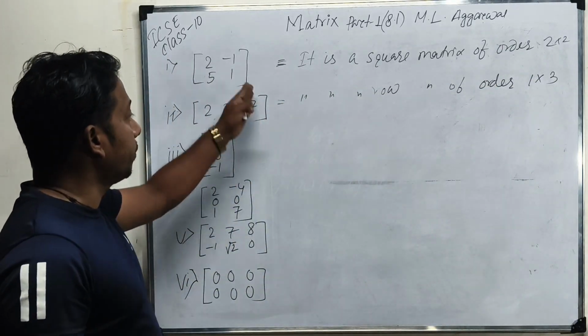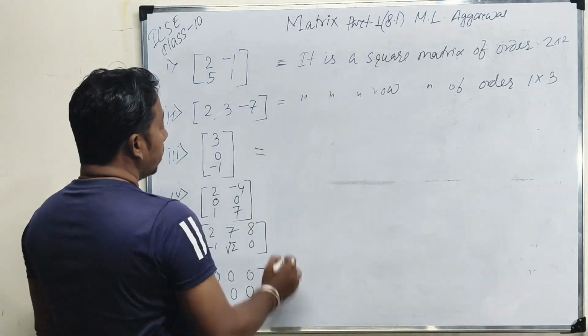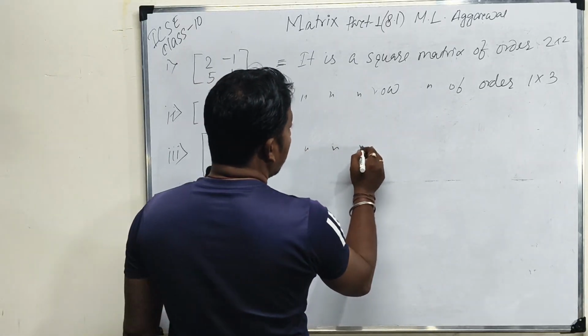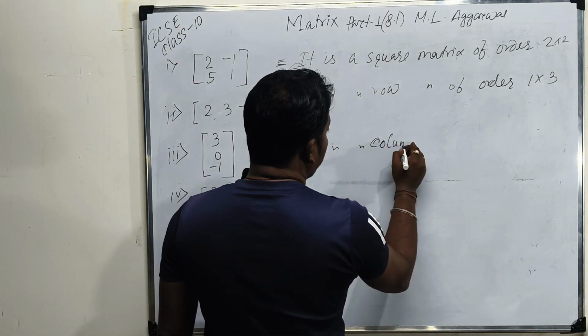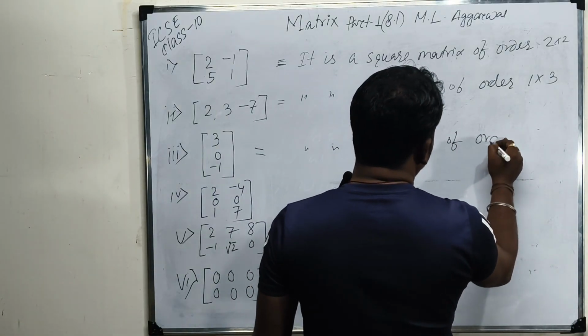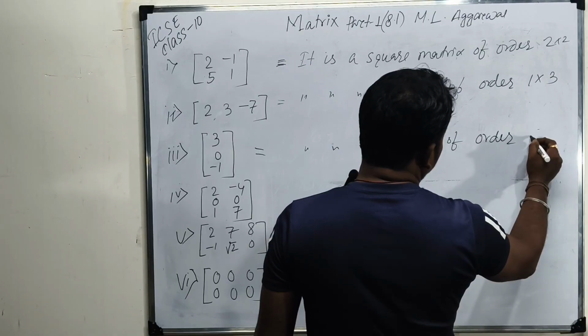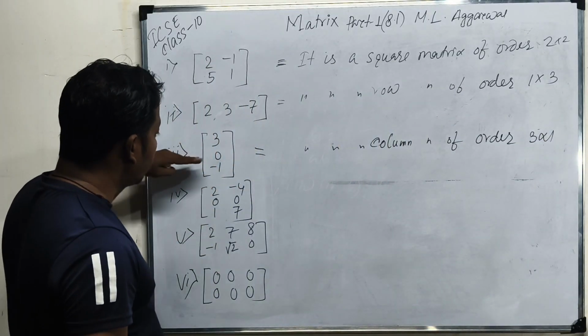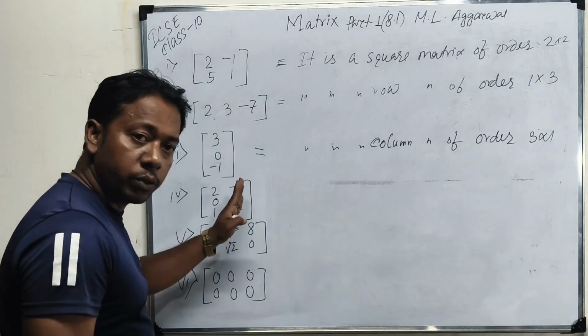Why 1 into 3? Because 3 columns are given. Next it is a column matrix, a column matrix of order 3 into 1. Why 3 into 1? Because the number of rows is 3 and the number of columns is equal to 1.